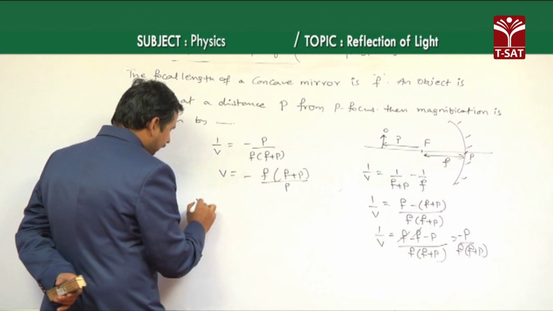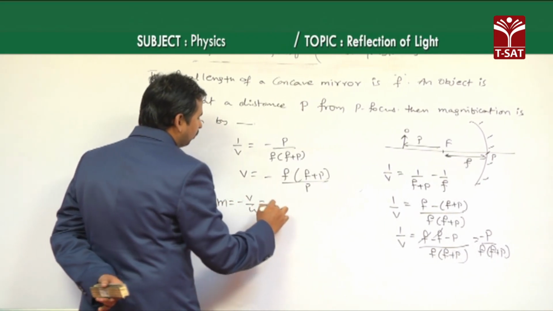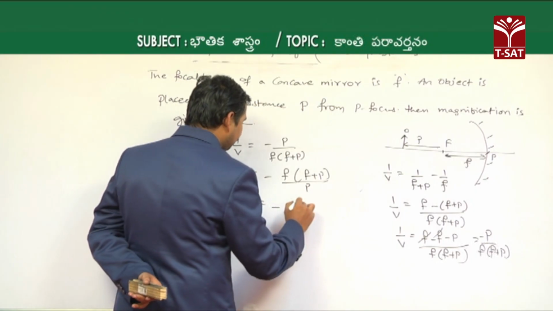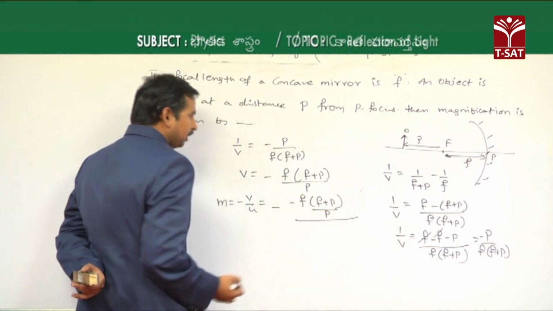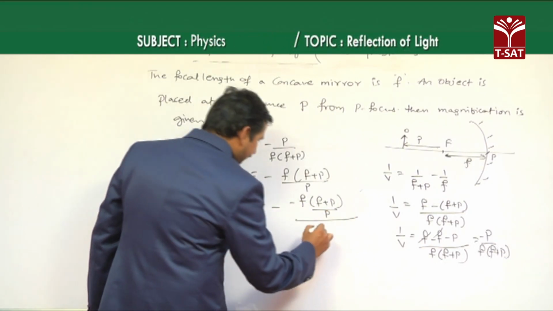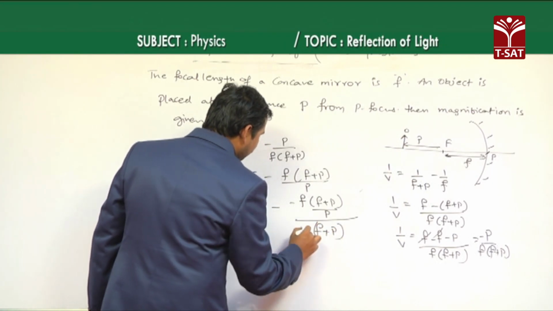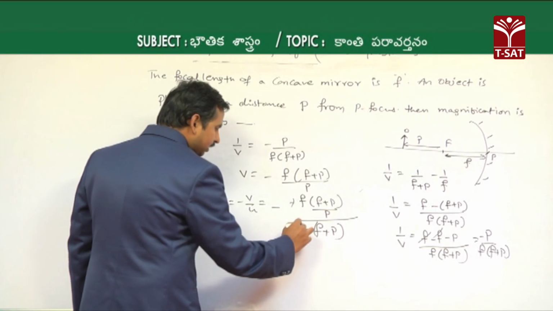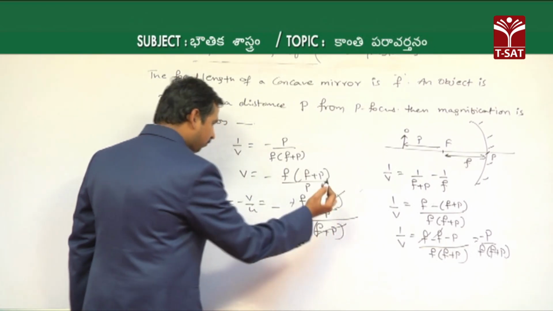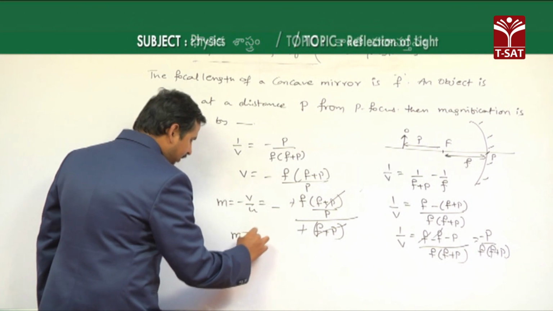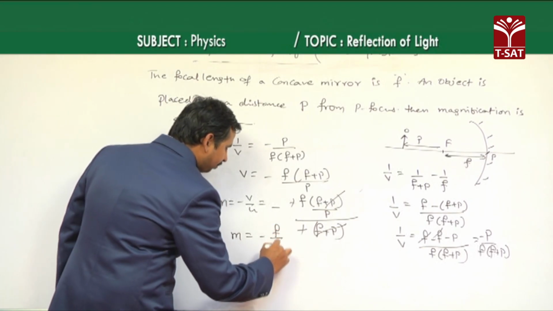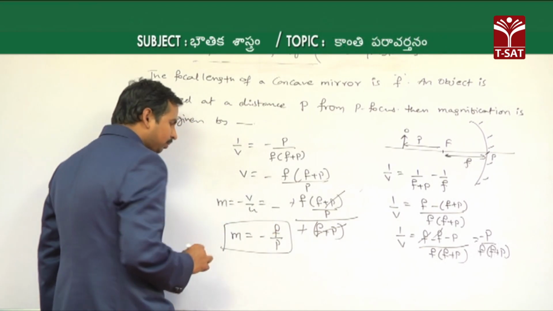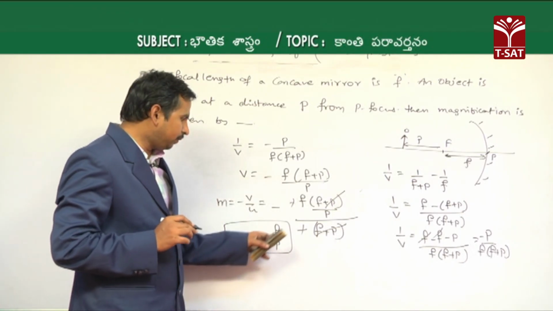Then magnification m, which is minus v by u, is equal to minus of minus f of f plus p by p, divided by the object distance f plus p, which also has a minus sign. The minus signs get cancelled, and f plus p also gets cancelled. Then the magnification becomes m is equal to minus f by p. This minus represents that an inverted image is formed, and we got the ratio f by p.